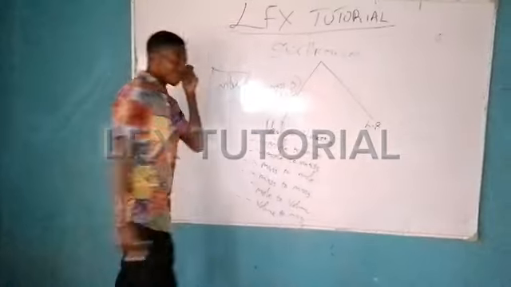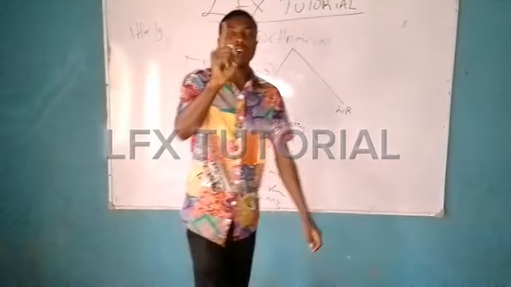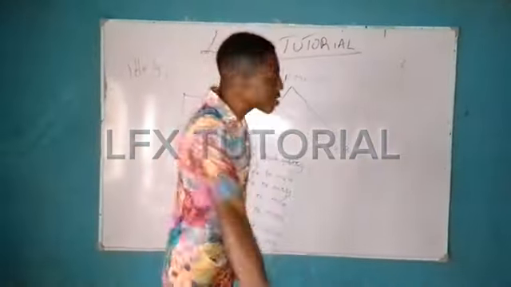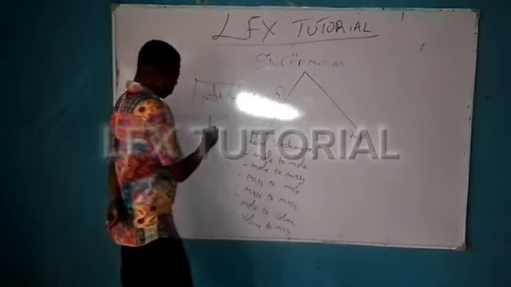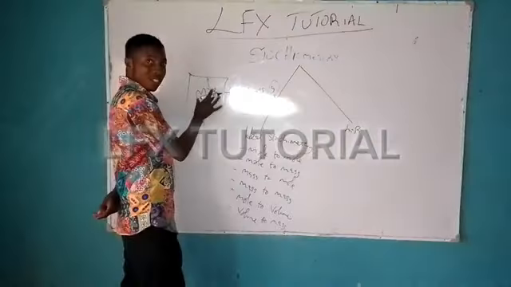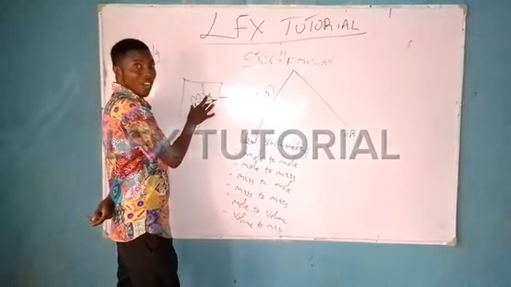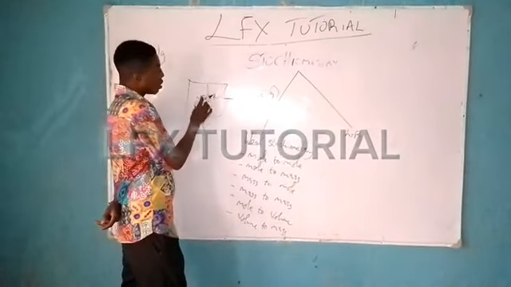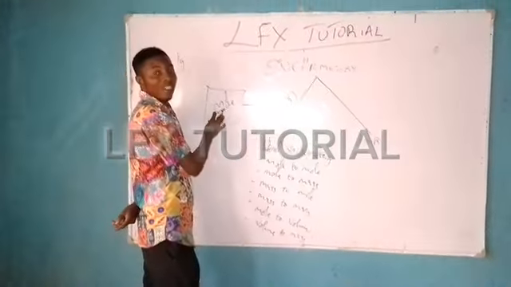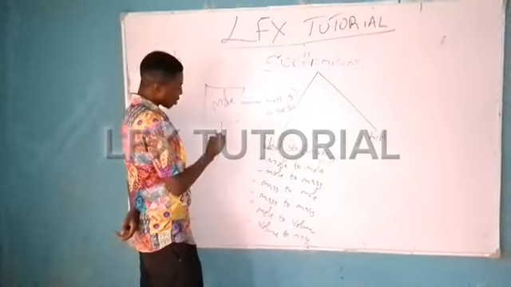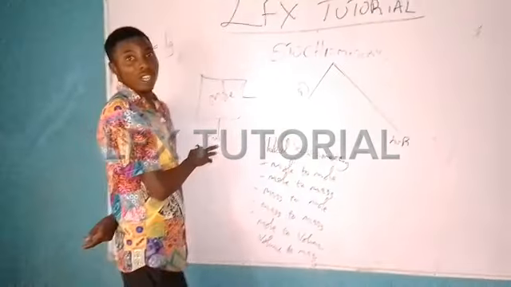Another thing you have to note is that 1 mole of a substance is the same as the number of particles inside it, which is Avogadro's number, AN.